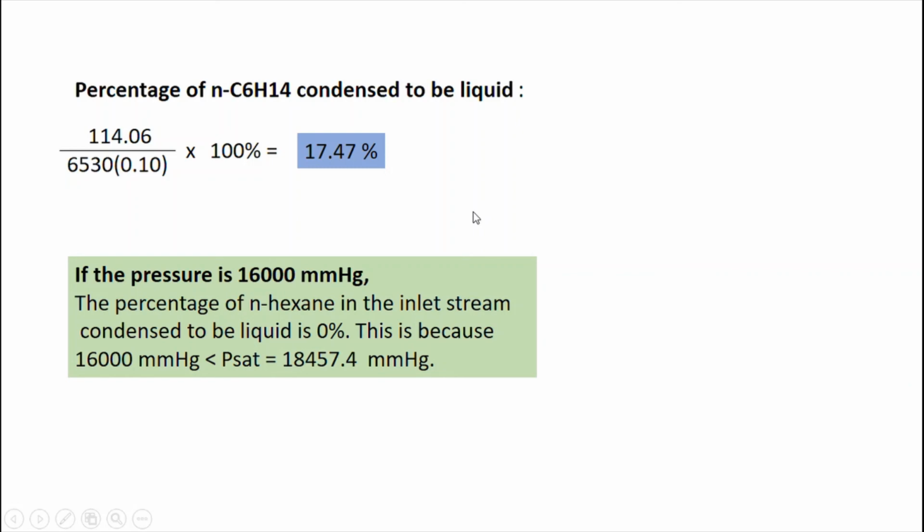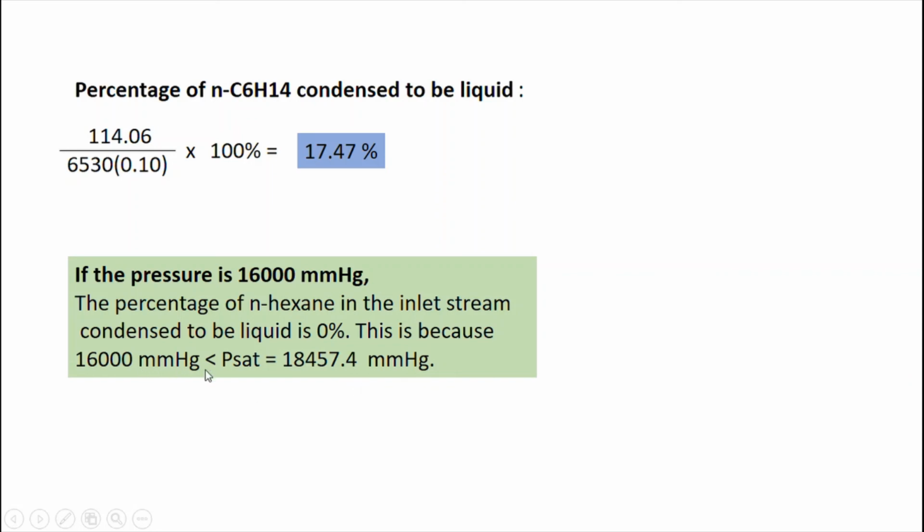Then the question asks, if the pressure is 16,000 millimeter mercury, what is the percentage of the N-hexane in the inlet stream condensed to liquid? The answer is 0%. This is because 16,000 millimeter mercury is less than the saturation pressure, which is 18457.4 millimeter mercury.